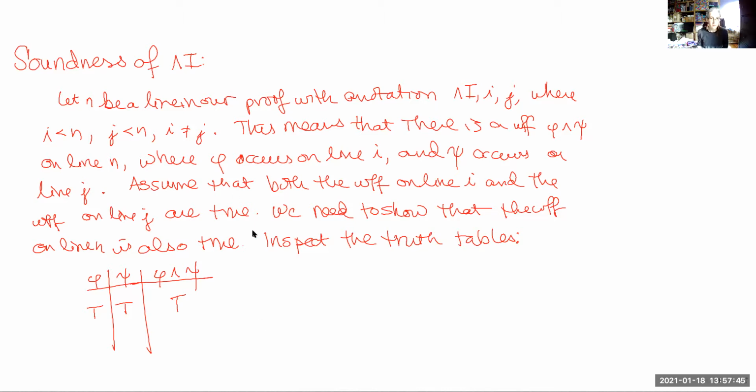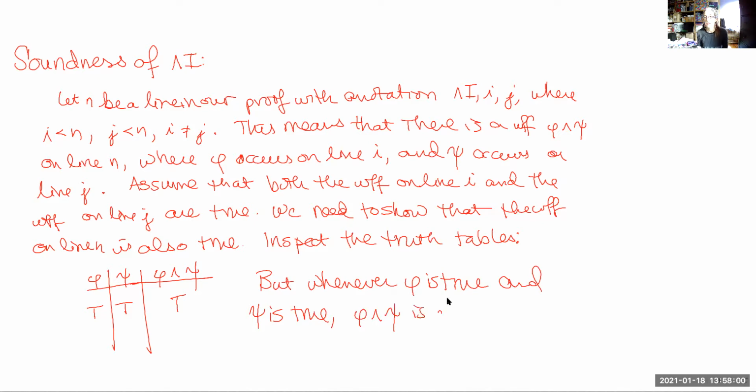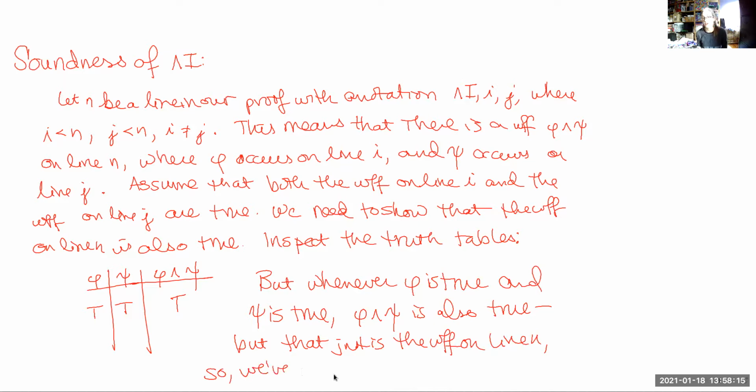So whenever phi is true and psi is true, the conjunction phi and psi is also true. But that just is the formula on line n. So we've shown what we need to show.